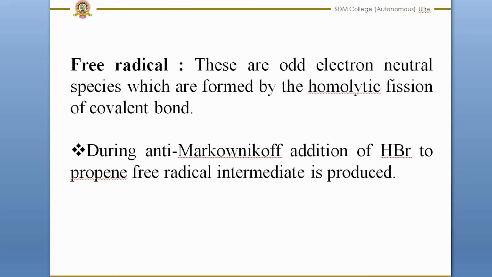Free radicals play a very important role in our heart and in our whole body. One interesting fact about free radicals is that cancer or tumors are caused mainly because of free radicals.